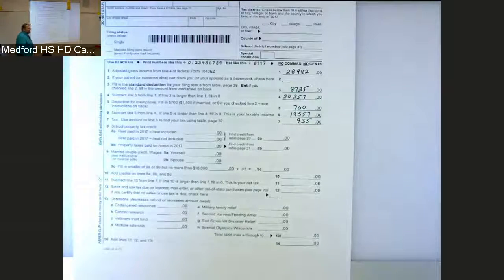Lines 8 and 9. Again, there's another worksheet that goes along with this to help you calculate this. I will give you this for assignment and test purposes. I'll give you that number. Okay? So either you're going to have a deduction or a credit. If you pay rent, you're going to have a credit, if you own.